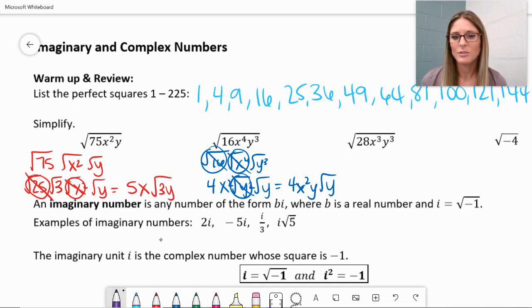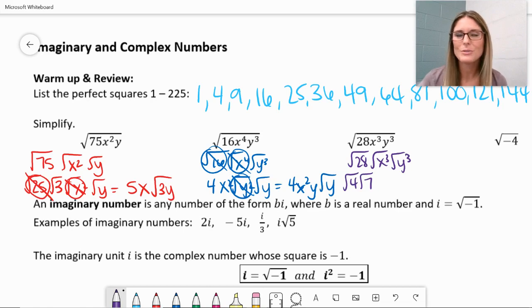The third one, you've got 28, an x cubed, and a y cubed in the radical. You would break up 28 into 4 times 7. You don't want to choose 2 and 14 because neither of those are perfect squares. Since x cubed is odd, I'm going to break that up into x squared and 1 left over, and same with the y, a y squared and 1 left over.